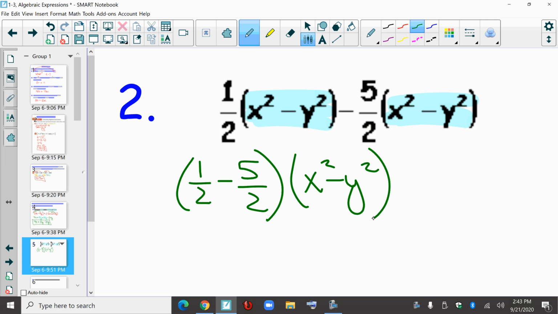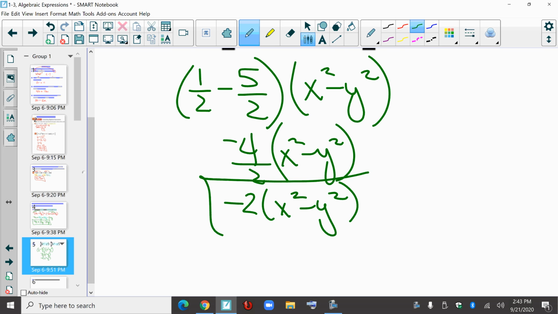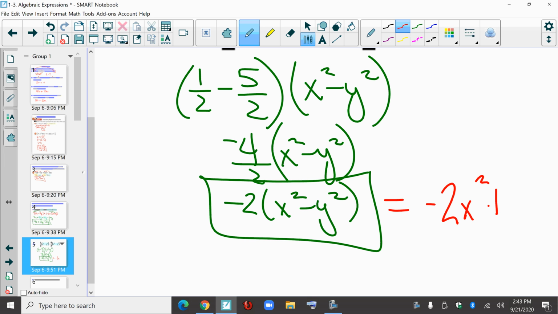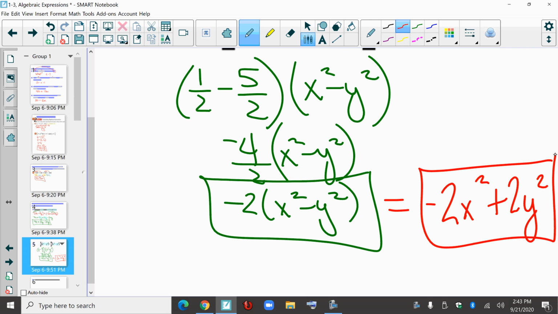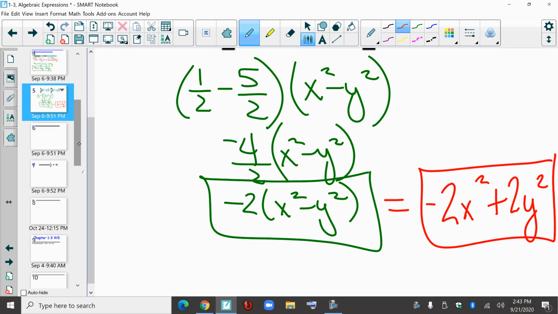So 1 minus 5 is going to be a negative 4 over 2 x squared minus y squared. Minus 4 over 2 is actually negative 2 times x squared minus y squared. This would be sufficient, or you can distribute that, making that negative 2x squared plus 2y squared. Exactly, the green and the red are exactly the same. Okay?